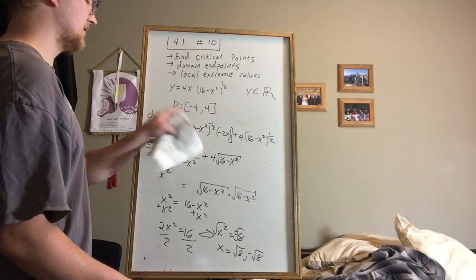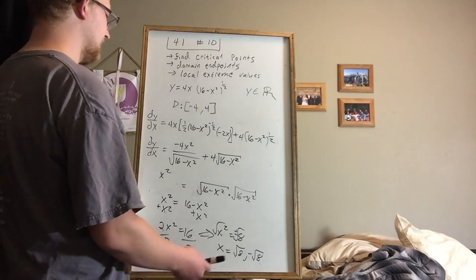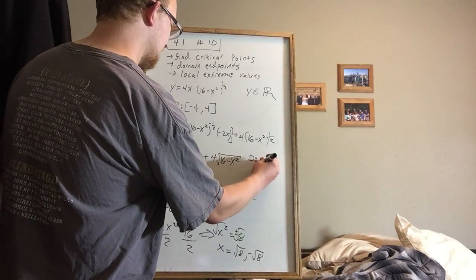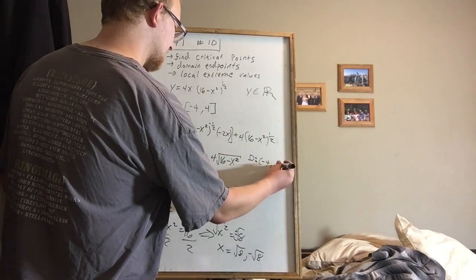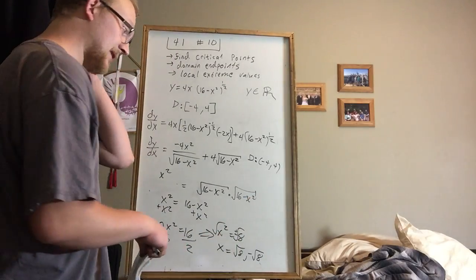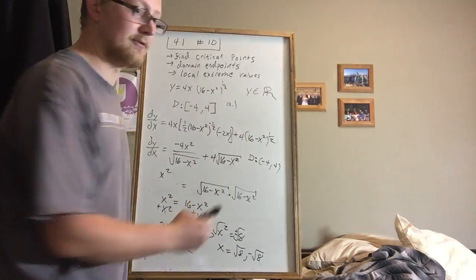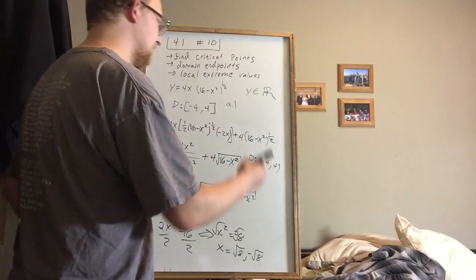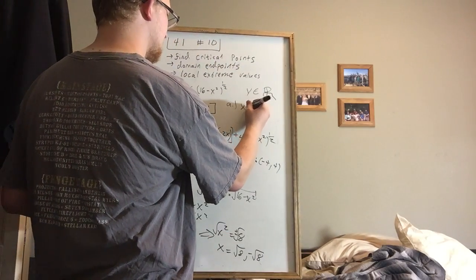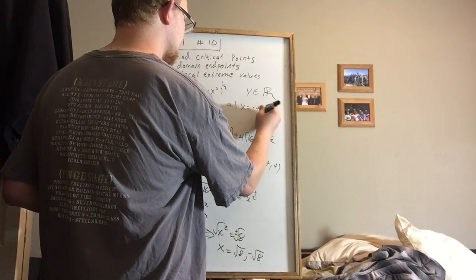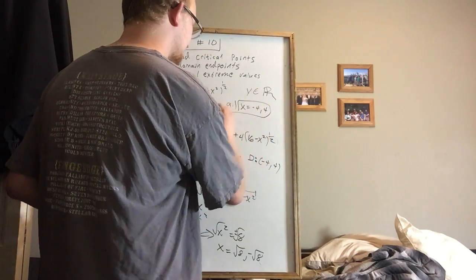Even though it was part of the domain of our original function, the domain of our derivative does not include minus 4 and does not include 4. And so what that tells us is that for part A, running out of room up here, the two important points where the limit is not defined are x equals minus 4 and x equals 4.